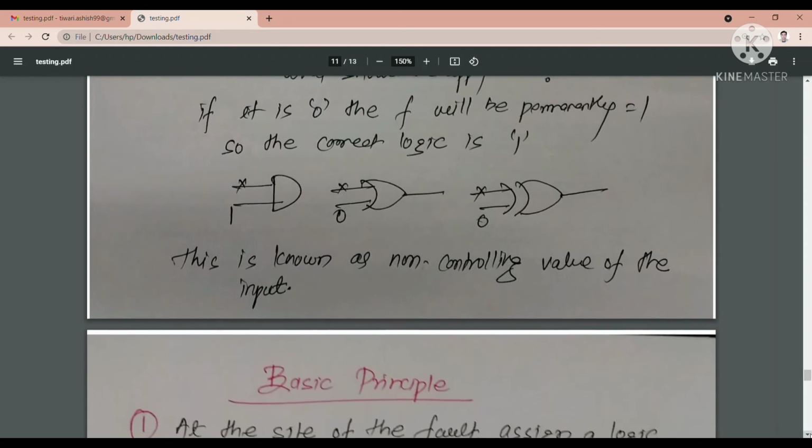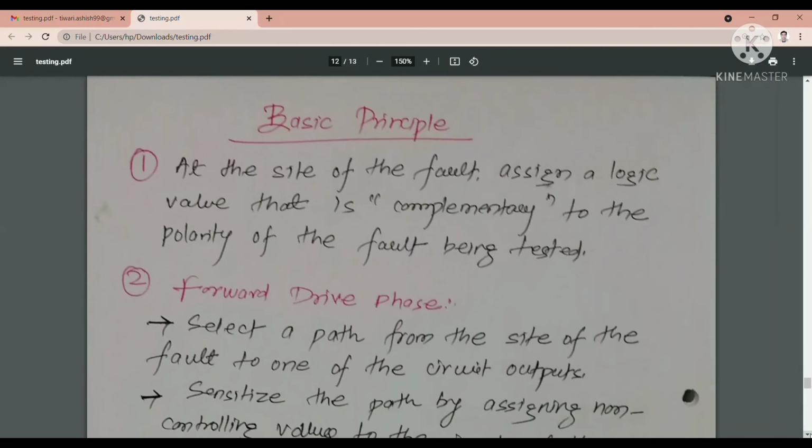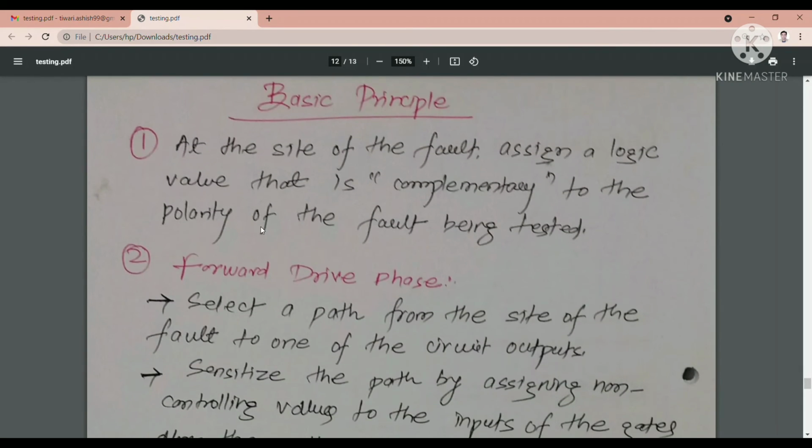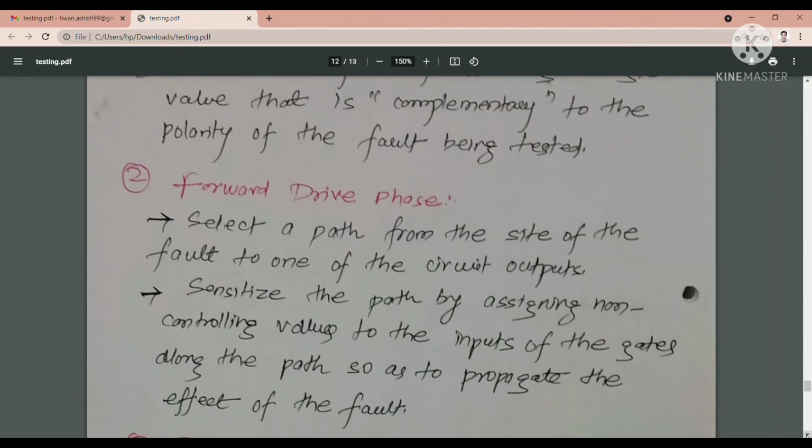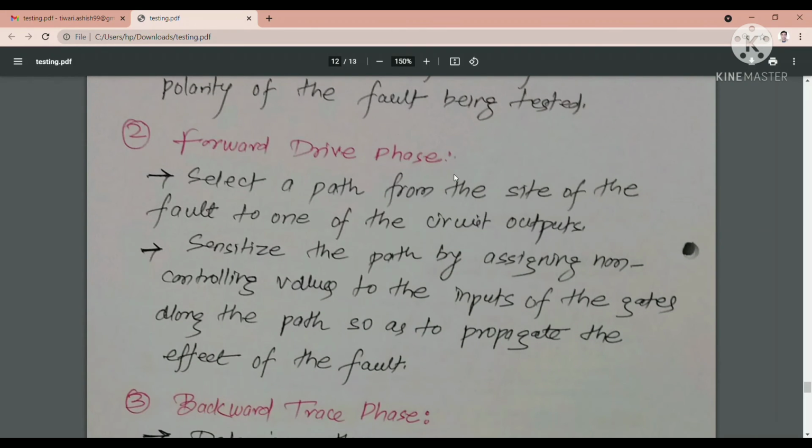Okay, so what is the basic principle behind path sensitization? First, at the site of the fault, assign a logic value that is complementary or reverse to the polarity of the fault being tested. Explained already on the previous page. Second, the forward drive phase. What is the forward drive phase?